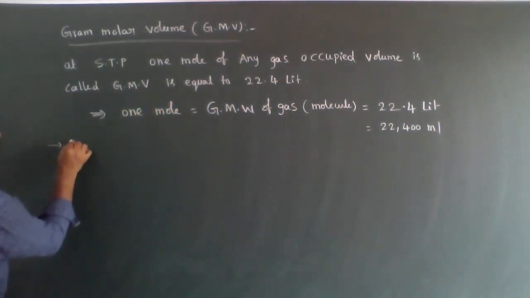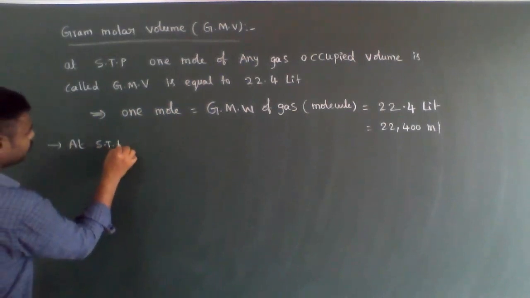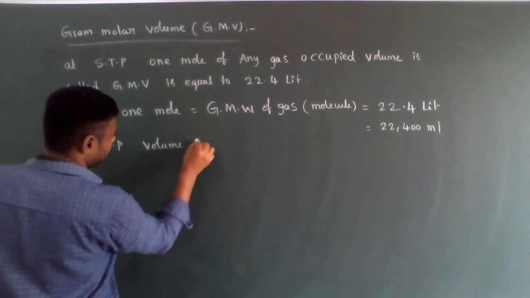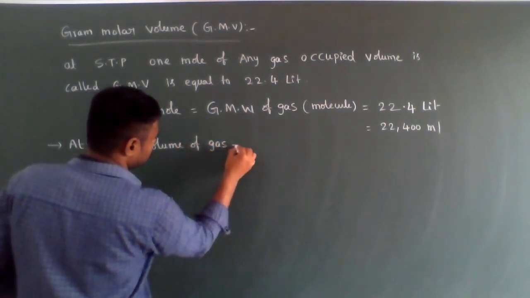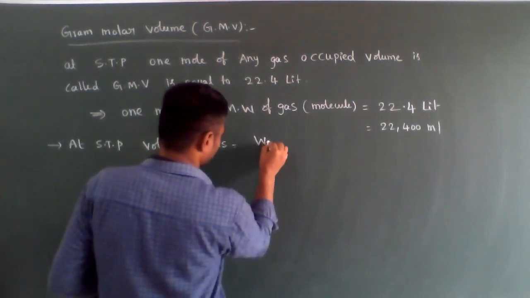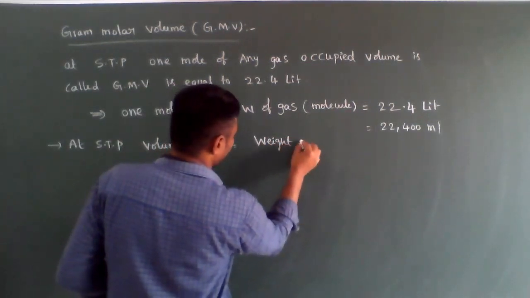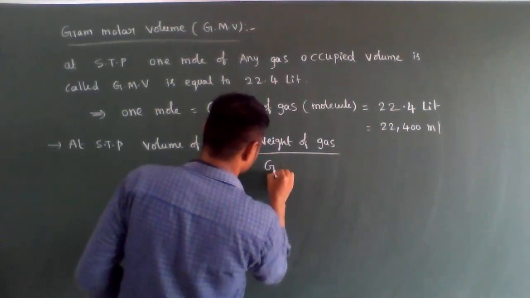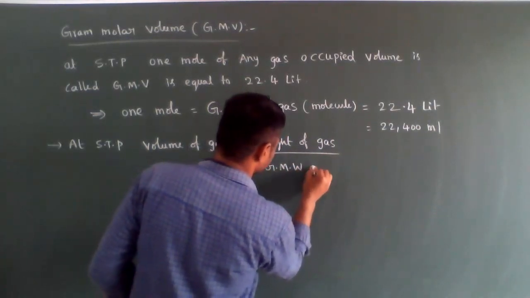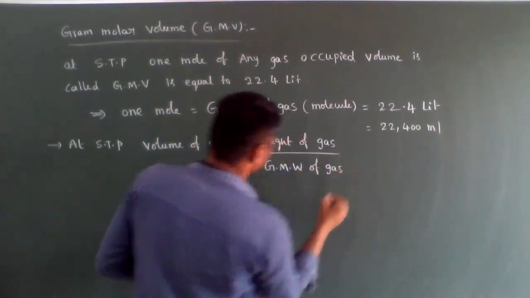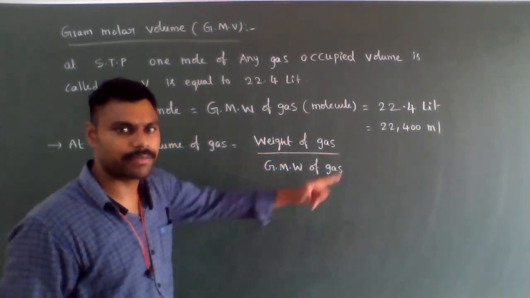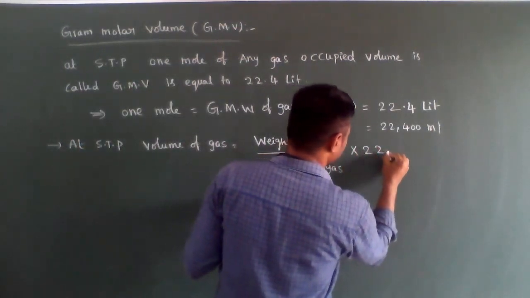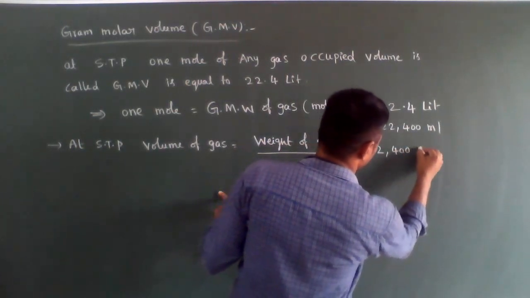At STP, the volume of gas is equal to weight of gas by gram molecular weight of gas, which is nothing but the number of moles of that gas into 22,400 ml.